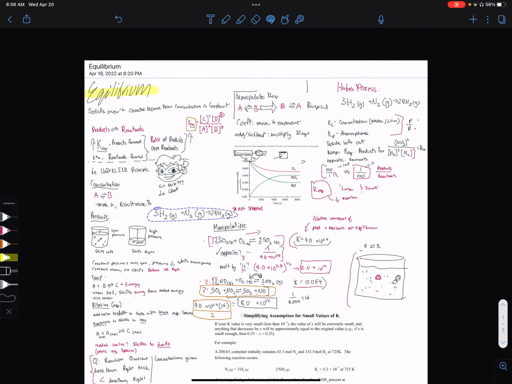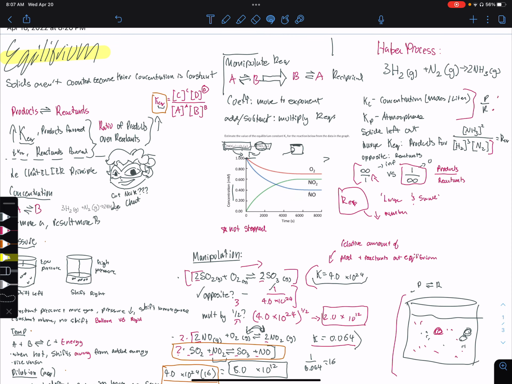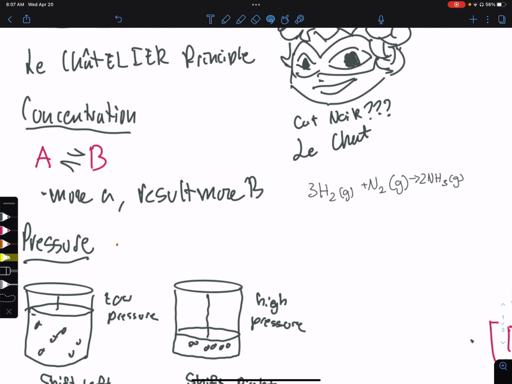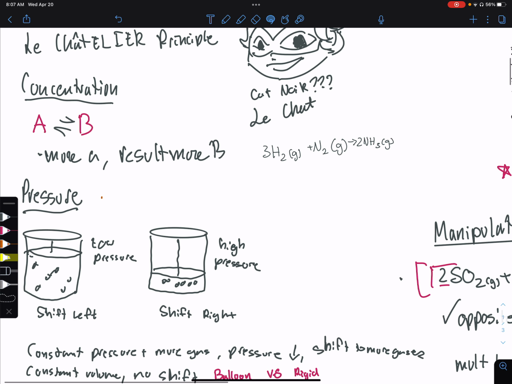Really useful tool. All right, so here, if we have H2 and N2 in a jar, they'll be free floating. But when I put them under pressure, if I squeeze them together, they will tend to the together state. And technically, if you increase the pressure, they will shift to the right.